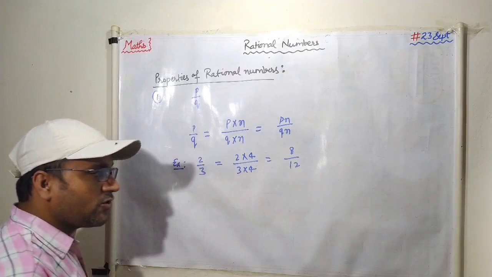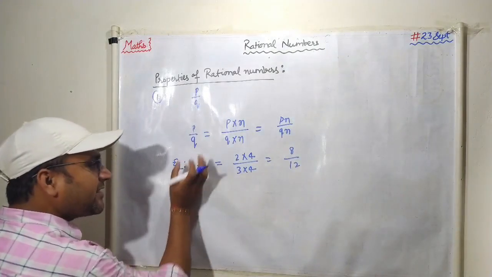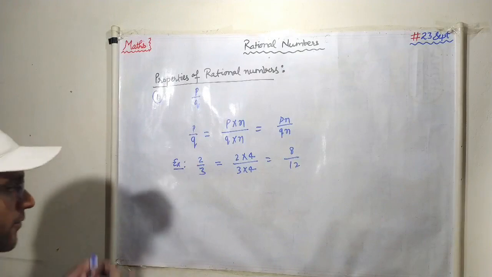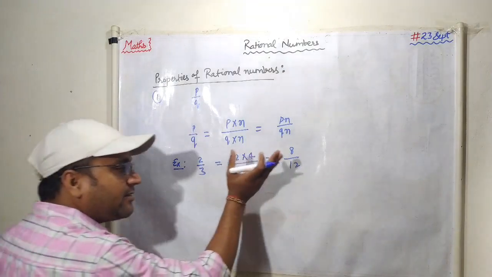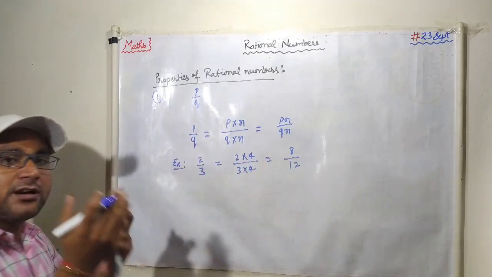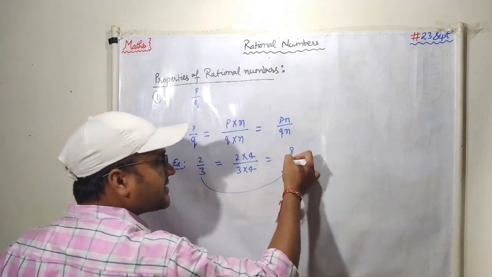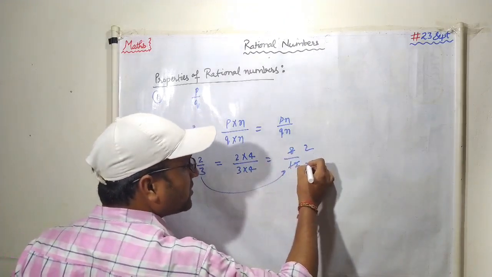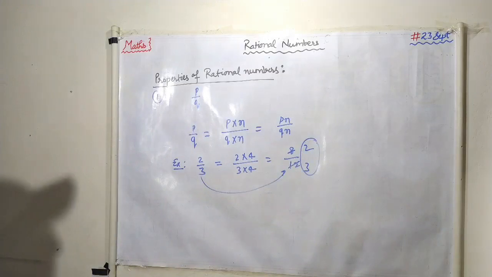In 8 upon 12, there are 12 parts, of which it represents 8, and in 2 upon 3 there are 3 parts, of which it represents 2. If you change into decimal, you can see it represents an equal portion, so both are the same. If you cancel out by 4, 4 2s are 8, 4 3s are 12, you will get 2 upon 3. So it is a very important property, students.